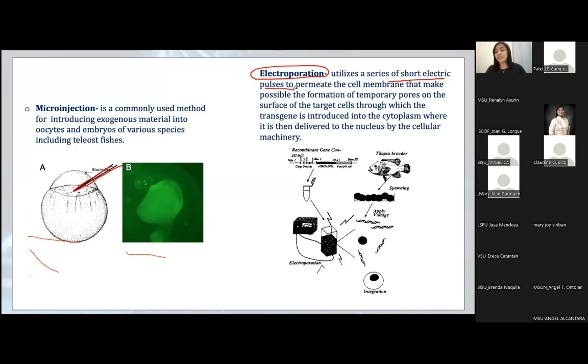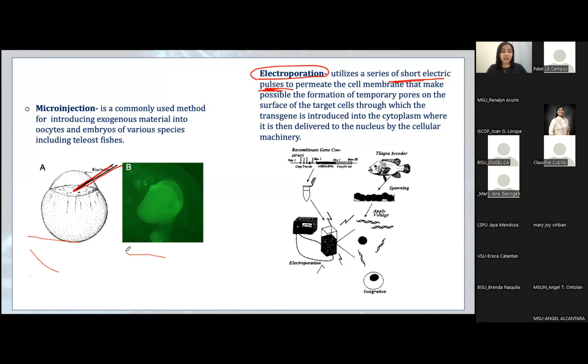Okay, short electric pulses. Parang in-electrify yung tawag dito, yung oocyte in order to deliver the transgene. So yan siya, electroporation, tandaan nyo lang, short electric pulses. Okay? Diyan na agad yung sagot. Pag sa tanong pa lang, ugaliin nating magbasa, mag-analyze ng mabuti.